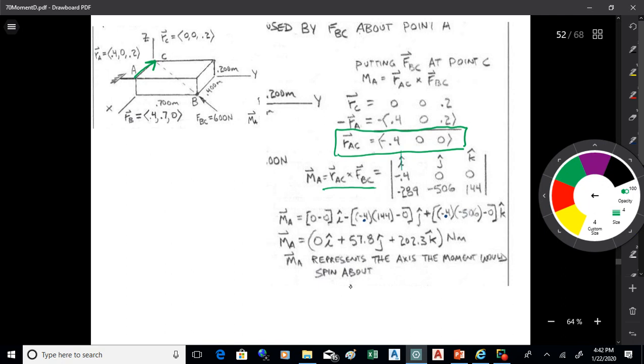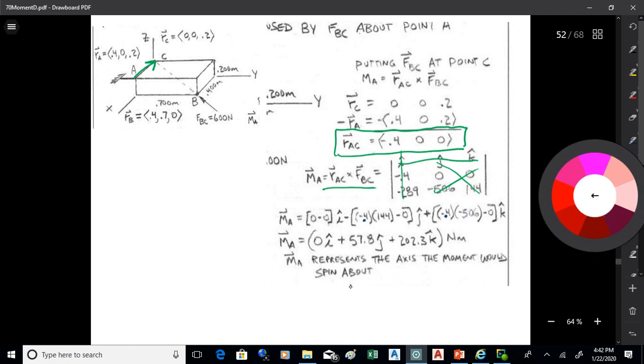So what I'm going to do is take out the first column and the first row and cross what's left. I'm going to get 0 minus 0i. And then I'm going to take out the top row and the middle column, cross what's left. I'm going to get negative 0.4 times 144 minus 0. And then I'm going to do the last little bit there.